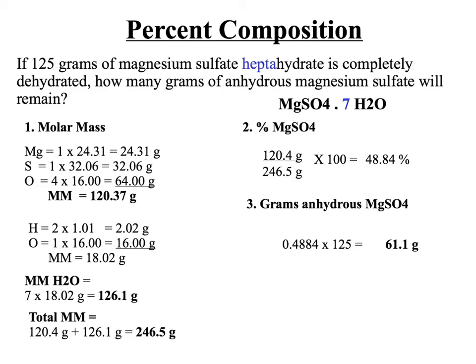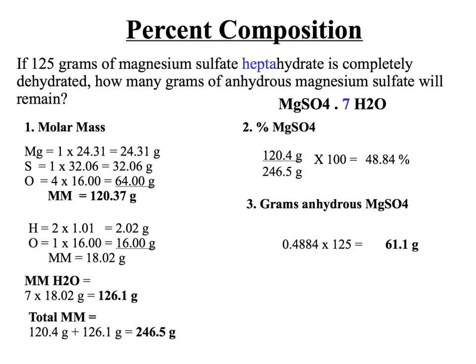Of this, we take the magnesium sulfate and we divide it by the total molar mass, getting a percentage of 48.84 of this chemical compound, magnesium sulfate heptahydrate, as being just the magnesium sulfate portion. Now we do this because we are asked how much of the magnesium sulfate remains.